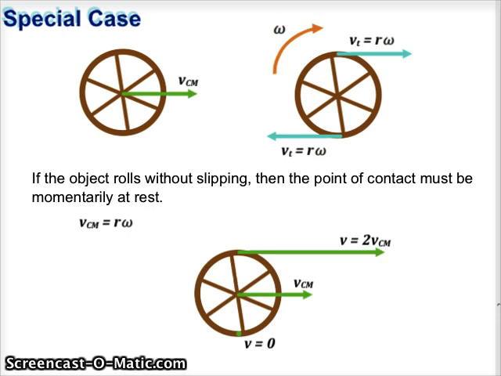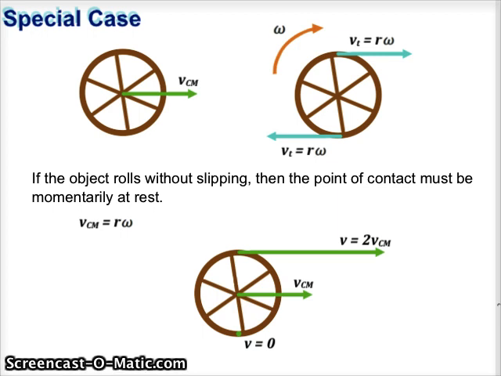Kind of an interesting idea about an object that is rolling is that when you put these two things together, not only does that bottom point not move instantaneously, but the topmost point actually moves at twice the speed of the middle. We'll take a look at this in just a second as to how we can see this is actually happening.